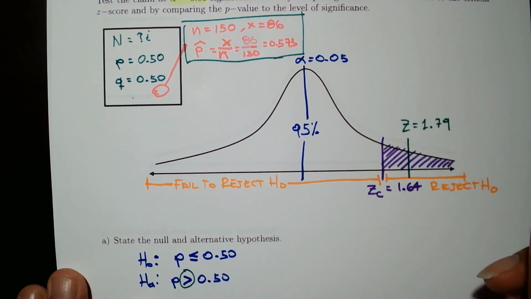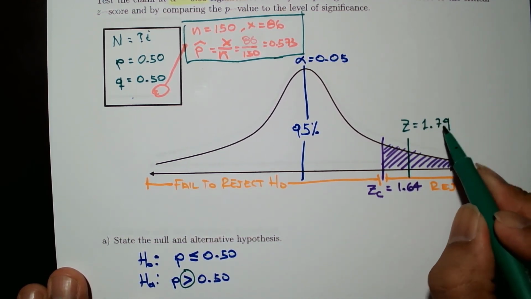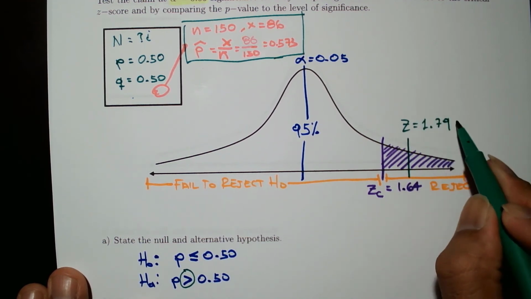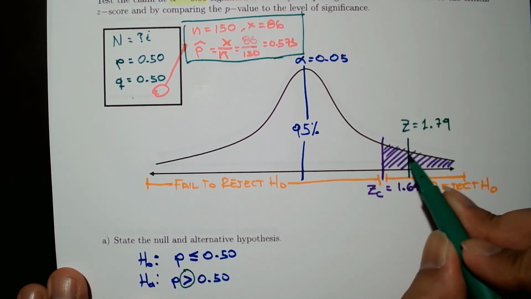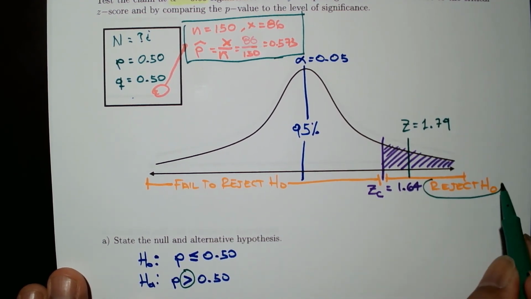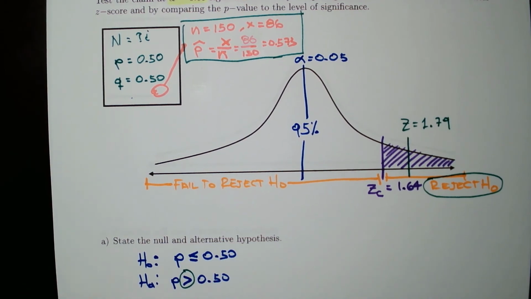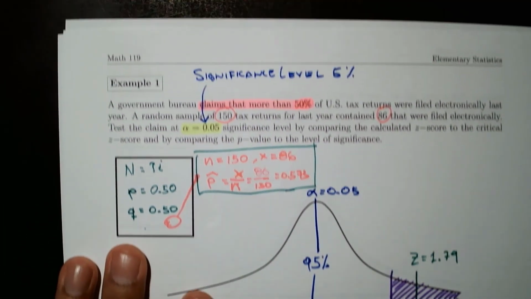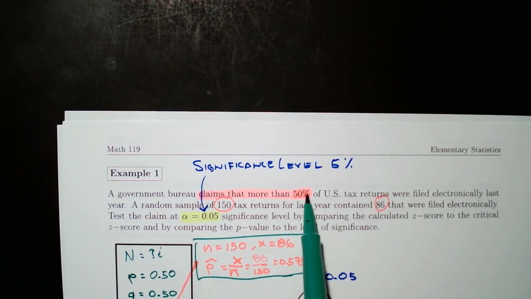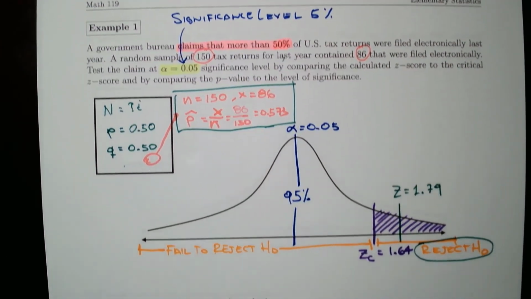Well, so in this case, because our test statistic fell in the shaded region, what is our conclusion? Reject the null hypothesis. So we have enough evidence to claim that more than 50% of the U.S. tax returns will be filed electronically.